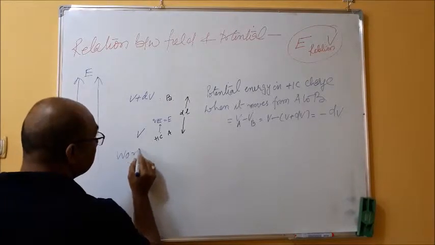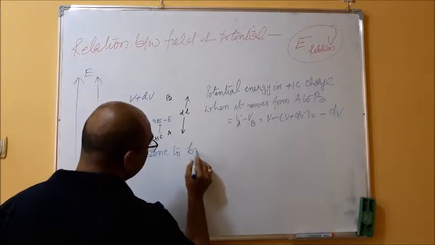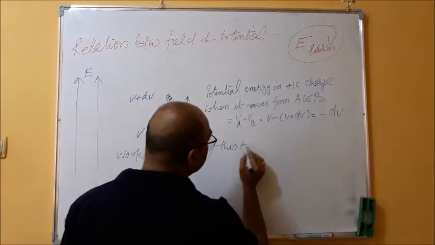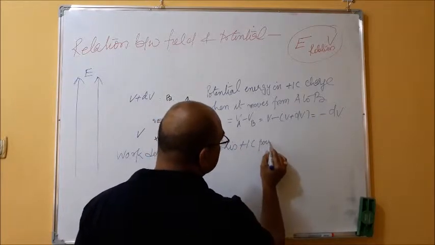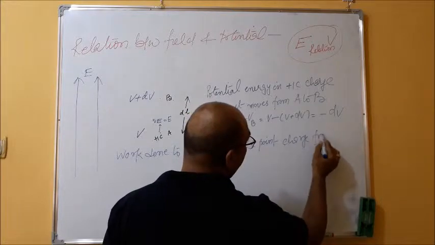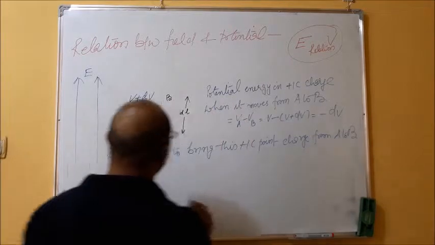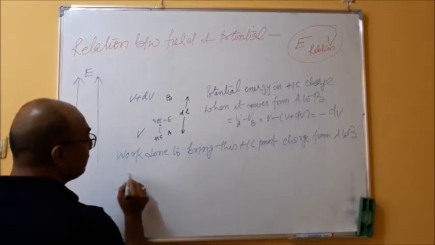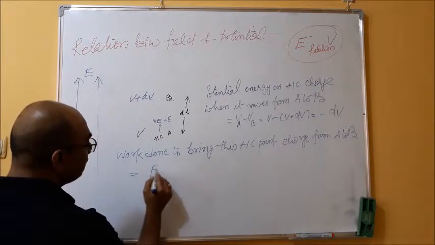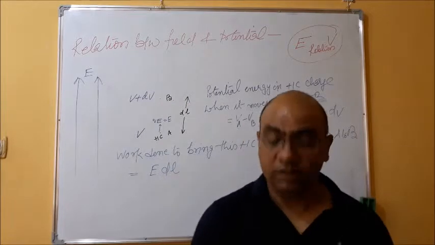So the work done to bring this plus 1 coulomb point charge from A to B is given by force into displacement. What is force? E. What is displacement? dl. Right?